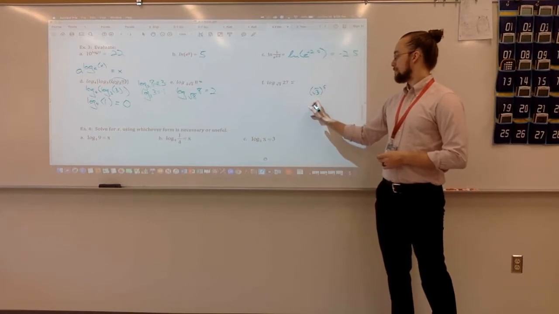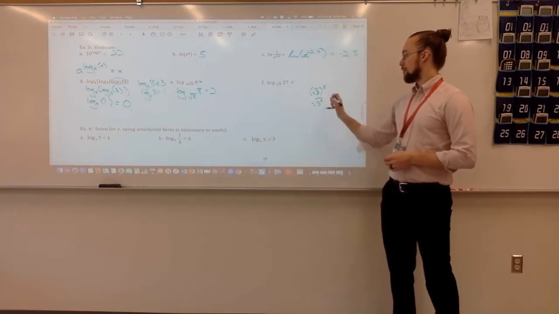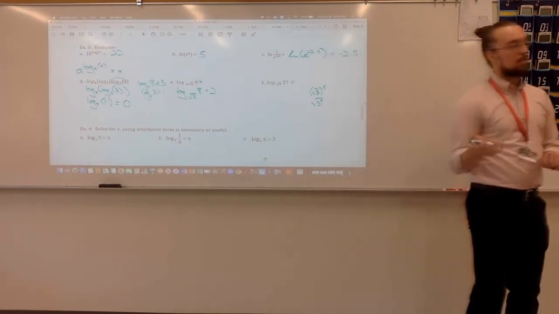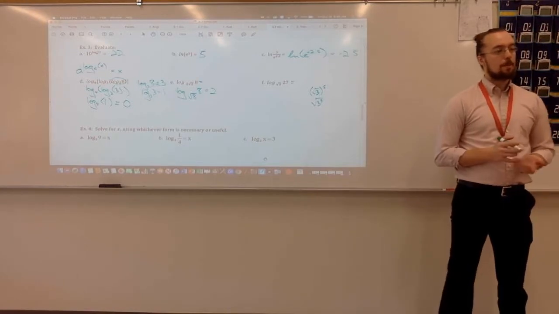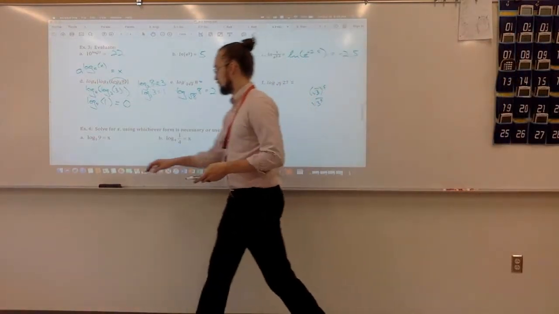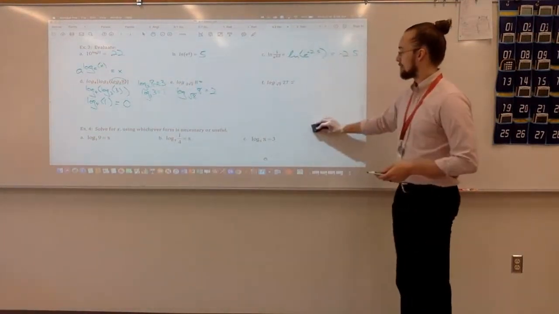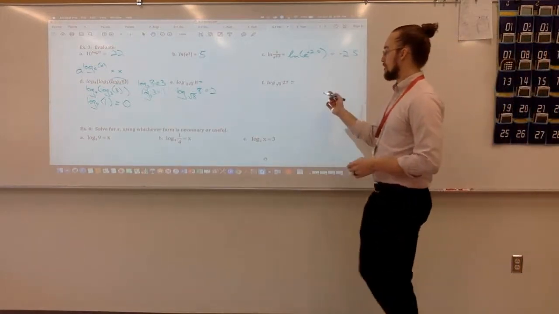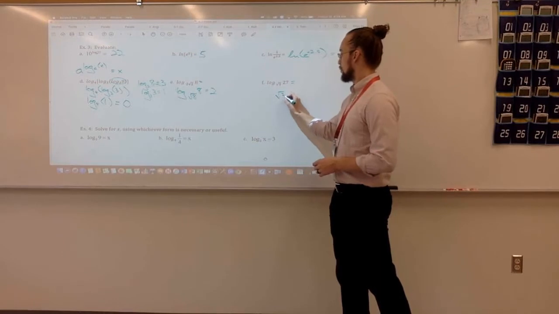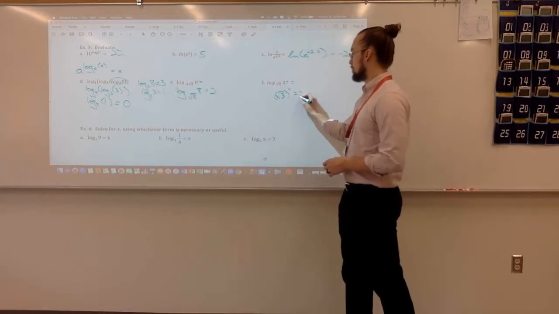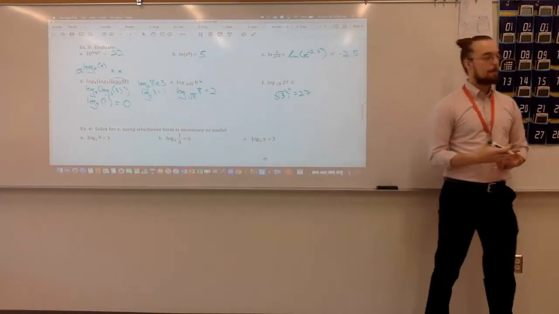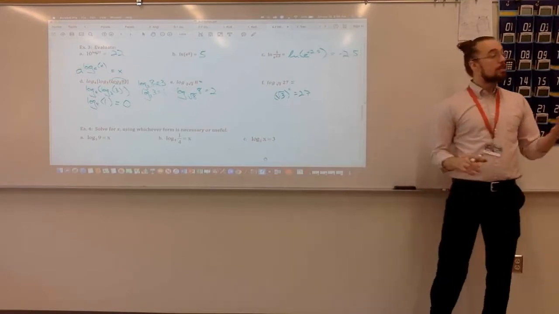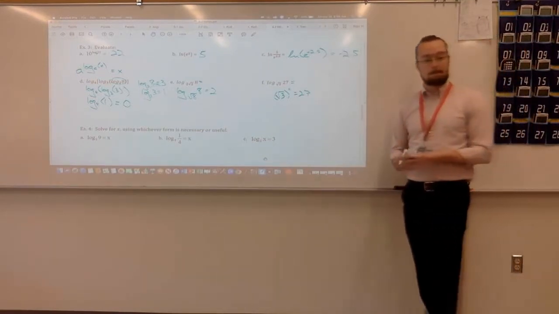So this would be the same as the square root of 3 to the 5th, and 3 to the 5th is 243. Square root of 3 to what power equals 27? That's what we're trying to come up with. Square root of 3 to the third power? We know 3 to the third power is 27.